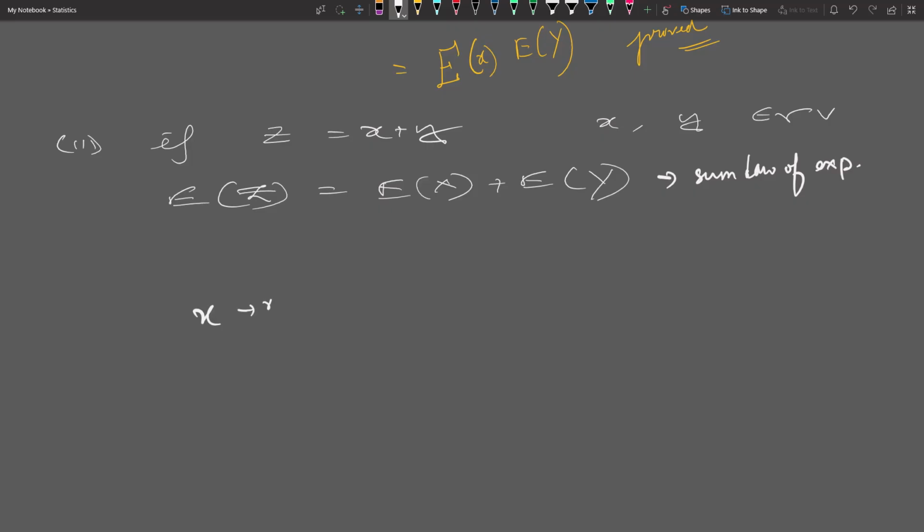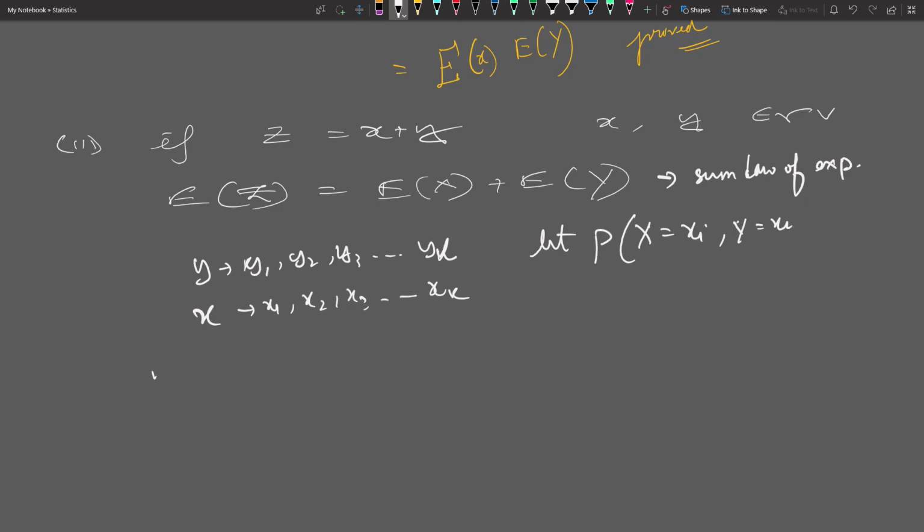If x takes some values x1, x2, x3 and so on up to xk, and y takes some values y1, y2, y3 and so on up to yl, and let P(X = xi, Y = yj) be pij, where i is from 1 to k and j is from 1 to l.